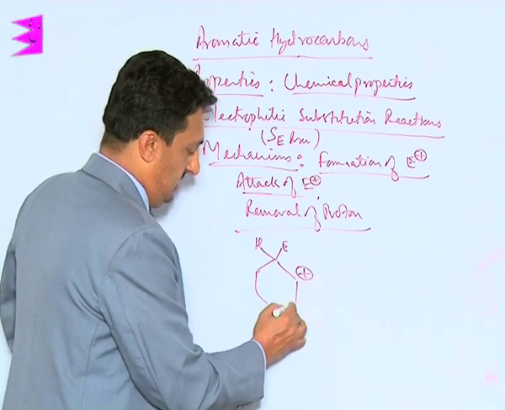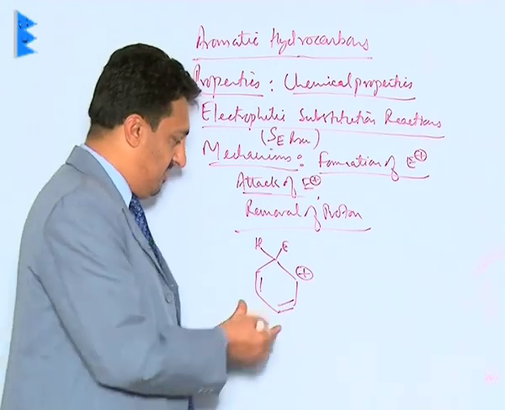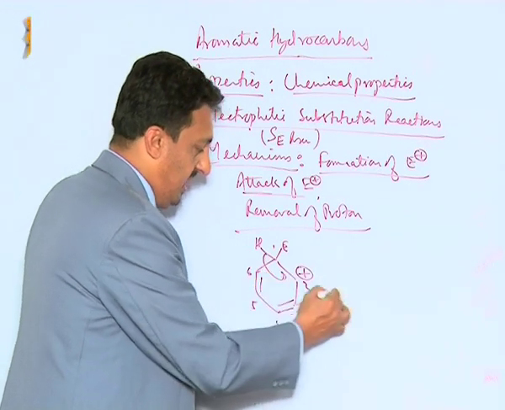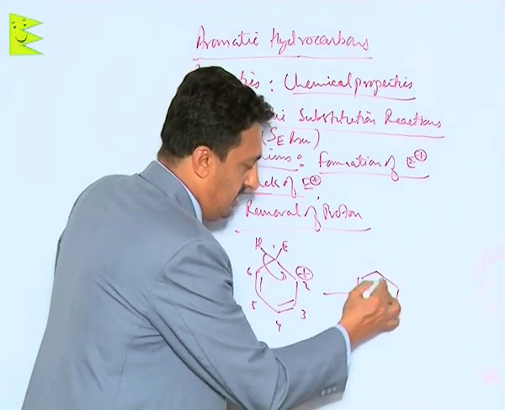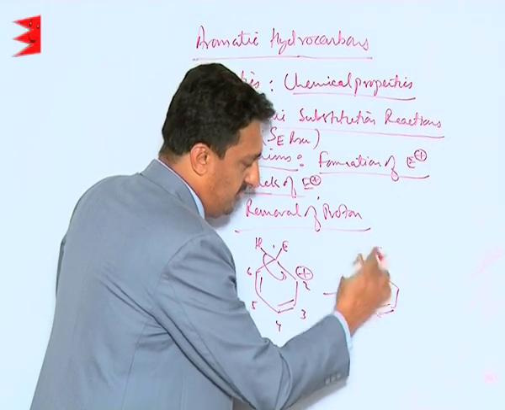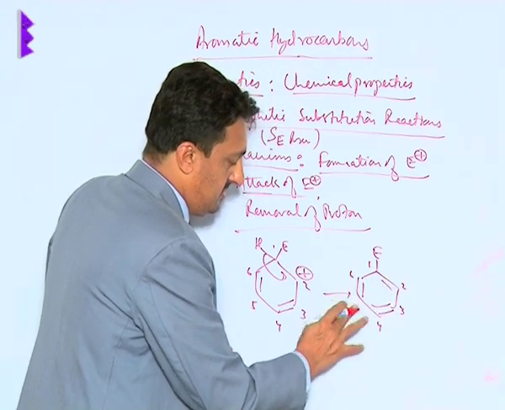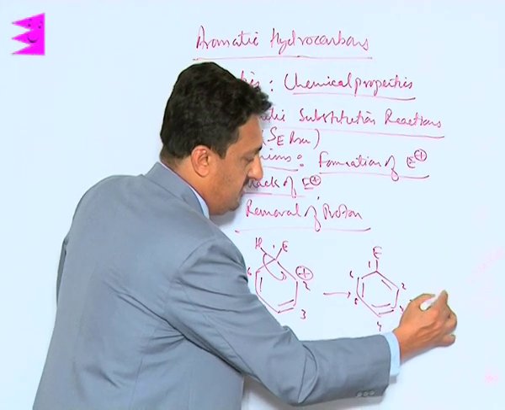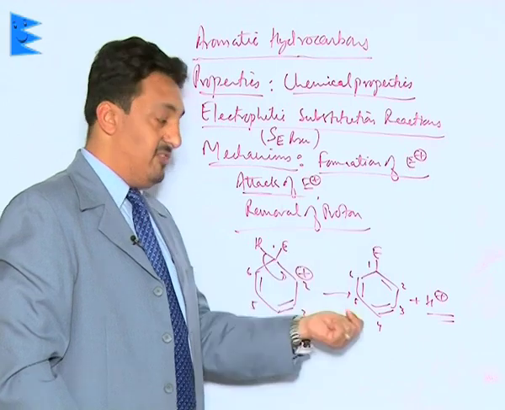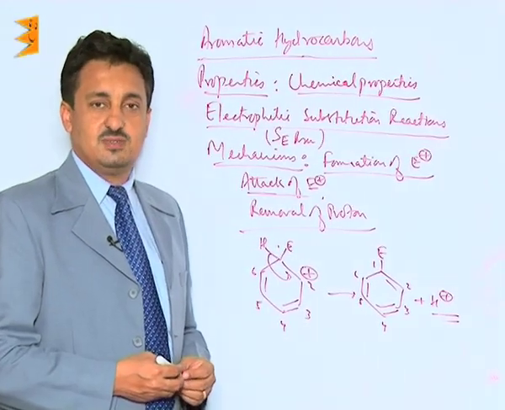Now this structure is unstable, it's not following Huckel rule, so carbon number 1 immediately withdraws its electron from the hydrogen, so that the aromatic nature of this compound is restored. The electrophile is now left only at carbon number 1, and hydrogen is given out as a proton. So this is how the electrophile has substituted hydrogen, and we call these reactions electrophilic substitution reactions.